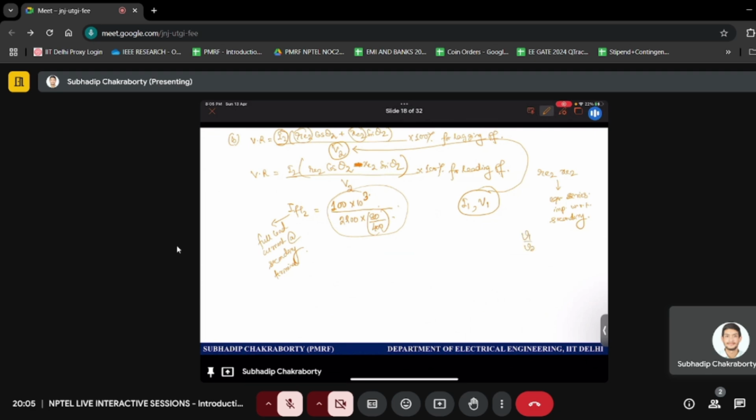So you know V1 by V2 is I2 by I1, equal to turns ratio. So you cannot use I1 and V1 instead of I2 and V2. You have to use I2 and V2 and RE2 and XE2.